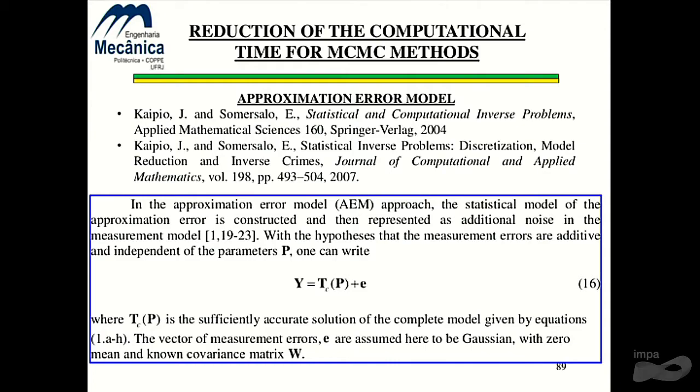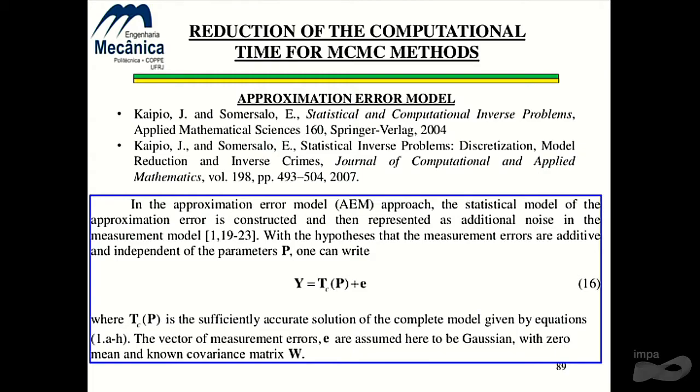Okay, and another technique was developed by Jari Kaipio, and this is in his book, Kaipio and Somersalo, and several other papers. And this is called the approximation error model. Okay?